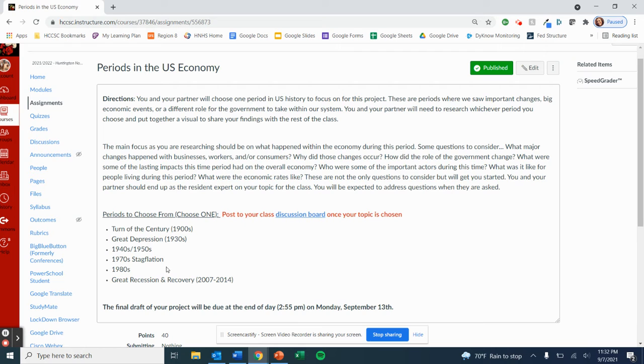We have the 1970s with something called stagflation. We have the 1980s, mainly during Ronald Reagan's presidency. And then we have the Great Recession and Recovery. So this is roughly about 2007 to about 2014, 15. So those are your topics.